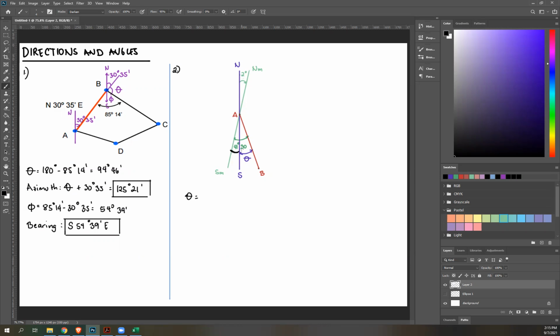If I can figure out this and subtract that from here, I can get theta. And if you remember, vertical angles or opposite angles are equal. If this is 2, this is also 2. Again, vertical angles, let's say you have something like this: theta 1 equals theta 2.